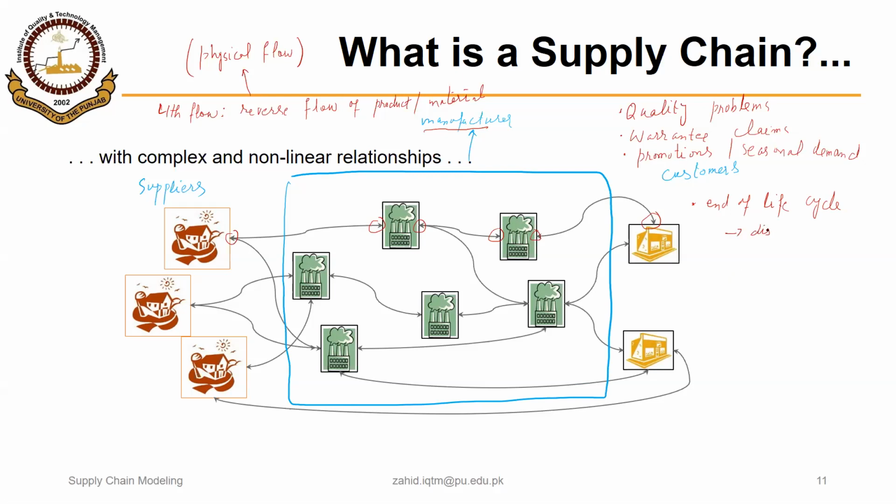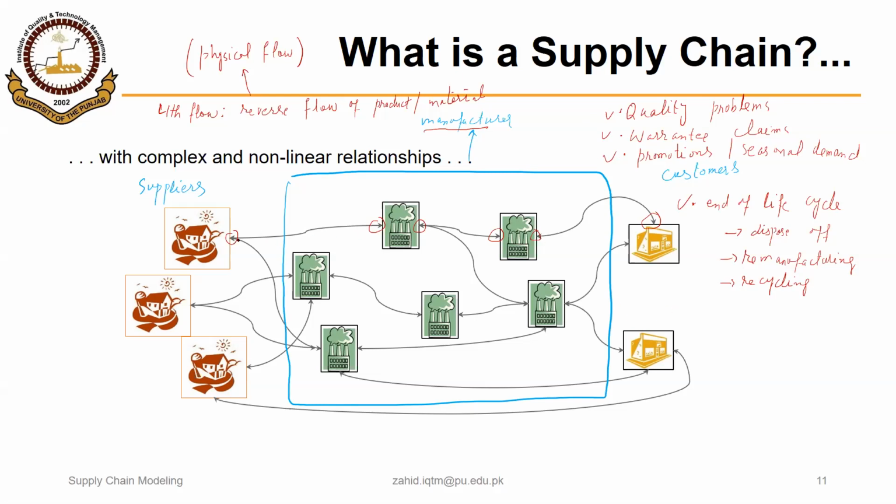One is actually to dispose of the product, and very important and very interesting is remanufacture the product. So remanufacturing is also one of the supply chain strategies that some organizations utilize. Right, in some cases, of course, we might be going for recycling as well. So there could be many reasons of reverse flow of the product. We have seen few of them.